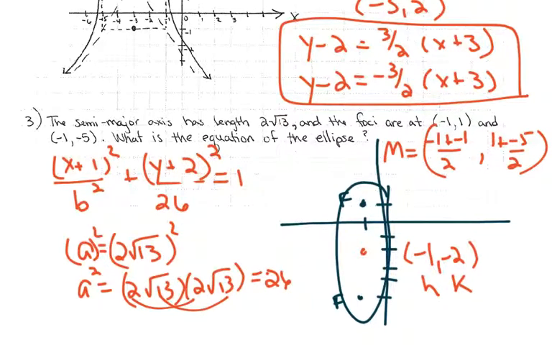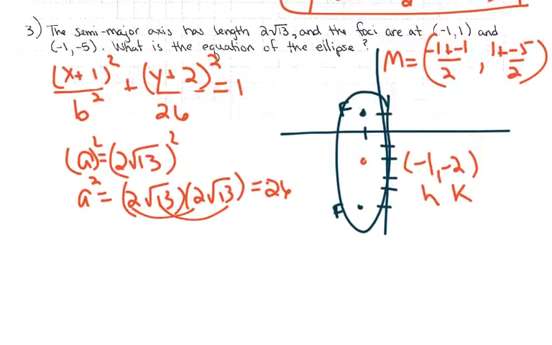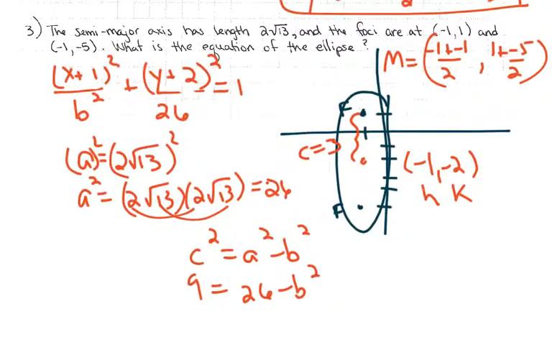The only thing I don't know yet is b squared, but I know that c squared is equal to a squared minus b squared, and I know what c is now. c is the distance from the center to either focus. c is 3. So I get 9 is equal to 26 minus b squared. I'm going to find out that b squared is 17. So now I can erase this and make it 17.